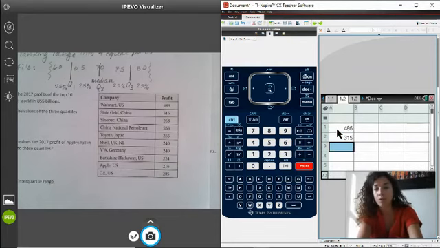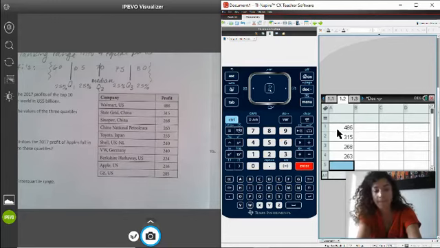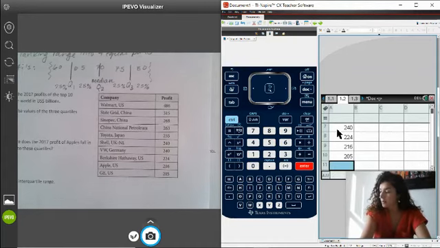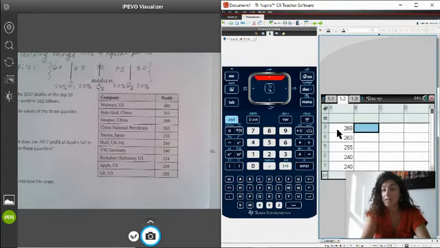Is what I was going to say, which still holds true. It can be in any order, and your calculator will organize the data. Okay. We don't need to have frequency because it's just one variable.